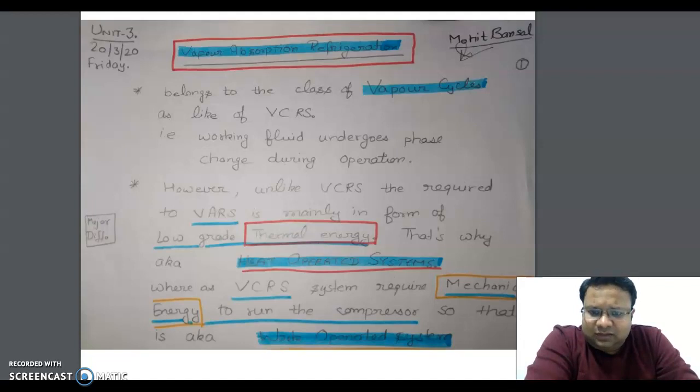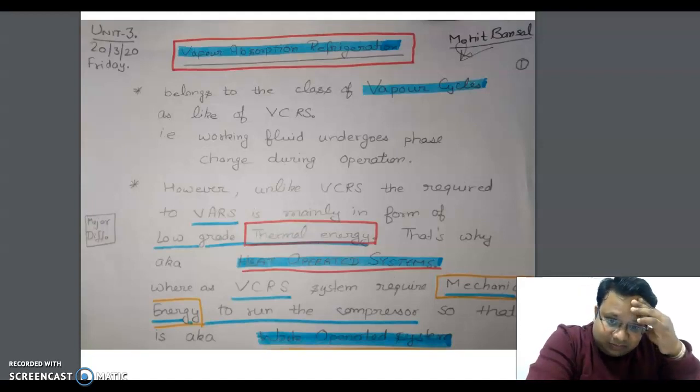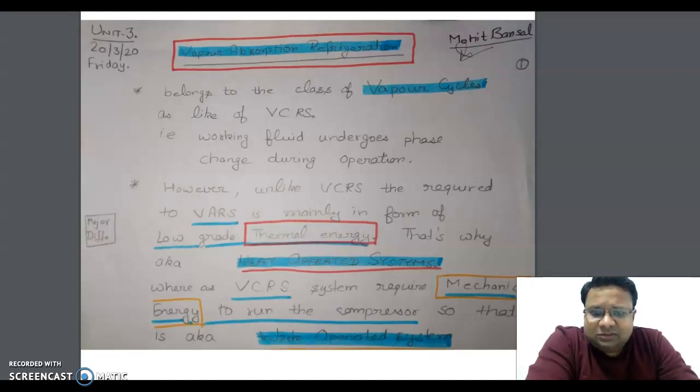So we have studied till now vapor compression refrigeration systems. When you studied vapor compression refrigeration systems, we discussed in class that the biggest characteristic of a vapor compression refrigeration system is that the working fluid undergoes phase change, which we have seen in the evaporator and in the condenser.